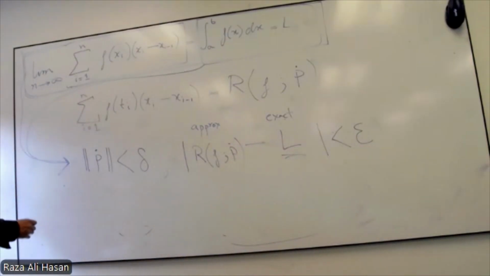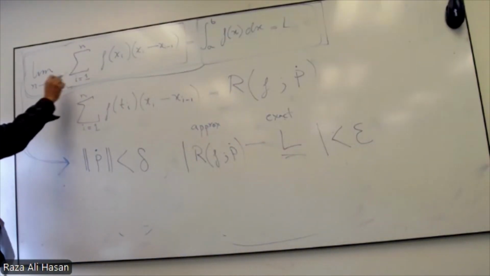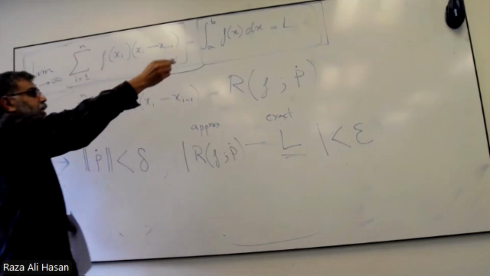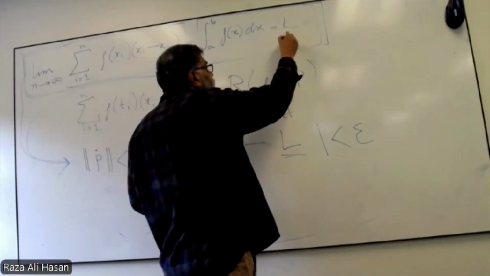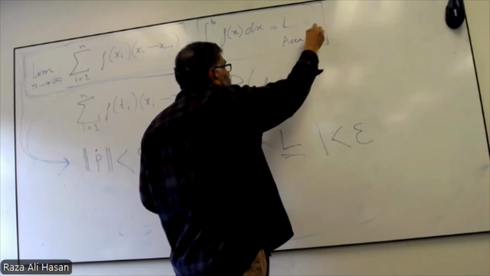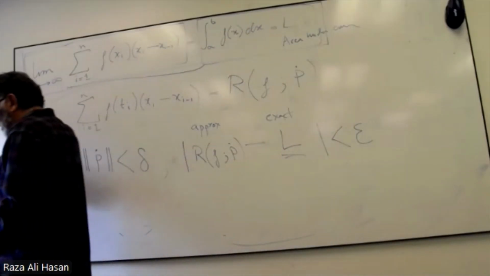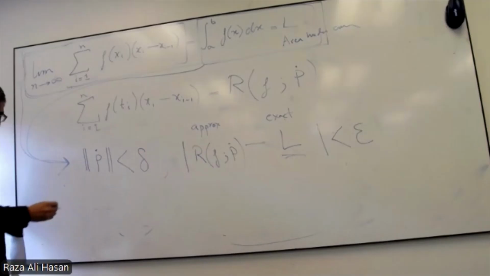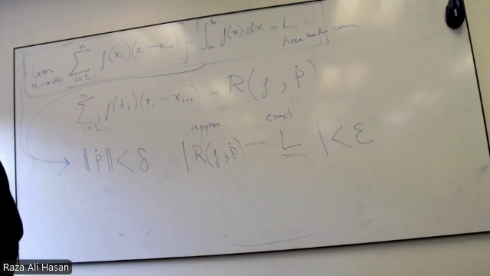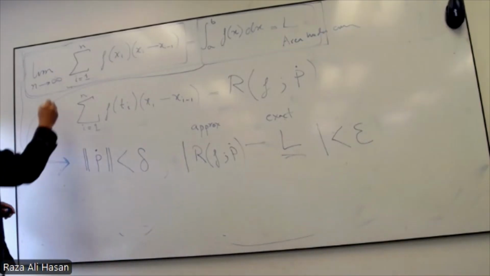So another way to say that is, if we take the limit of this thing, we'll get the exact area under the curve. Another way to say this top big box is this thing down here. So I am going to use red here.